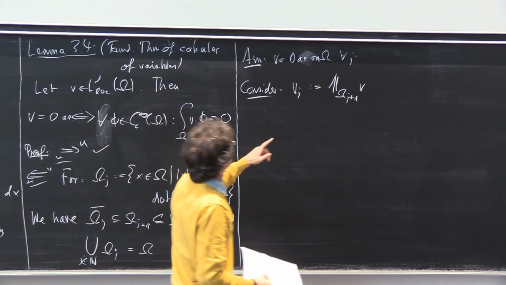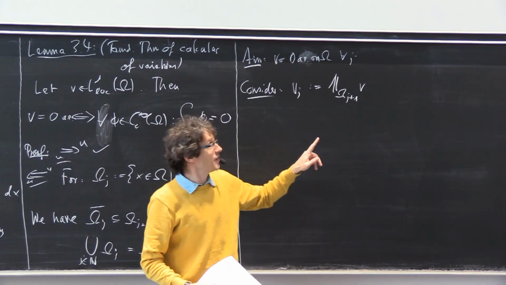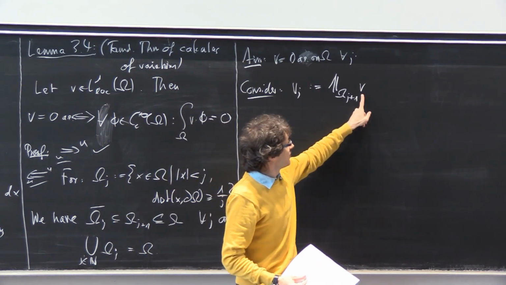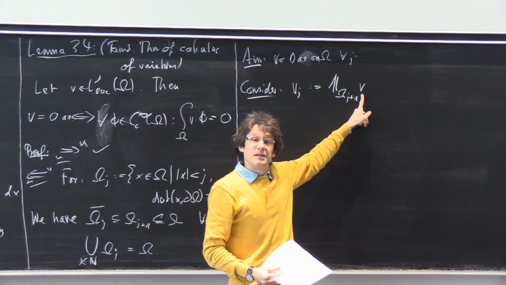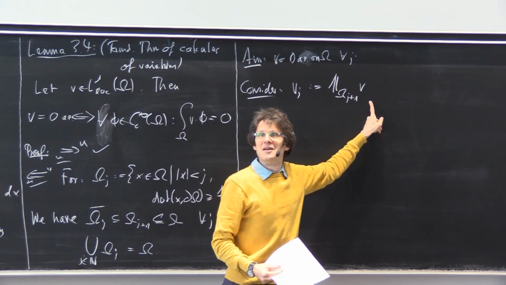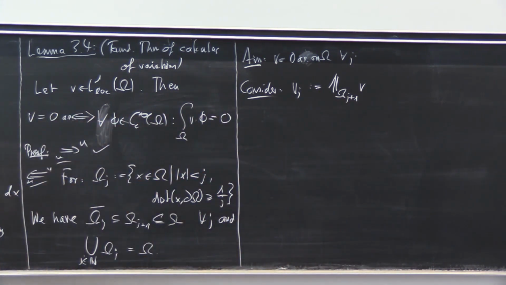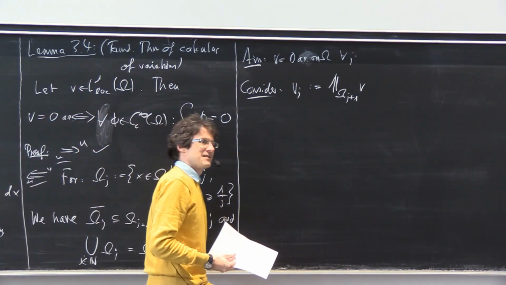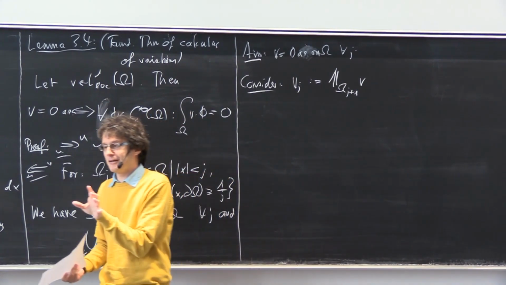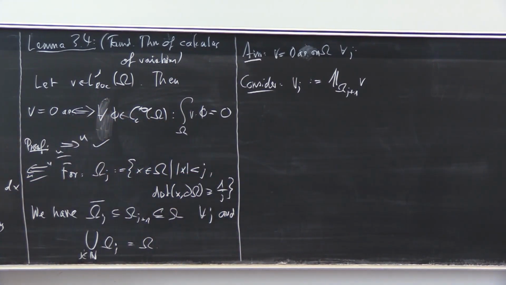Later on, I will, with a slight abuse of notation, regard this function Vj as defined on the whole space Rn. On the whole space Rn outside of omega, V is not defined, but it's an understanding that 0 times undefined is 0. Or you can also say I take an extension by 0. We will have this several times during this lecture. So whenever there is a characteristic function times something undefined and the characteristic function is 0, then this has to be understood as extension by 0.